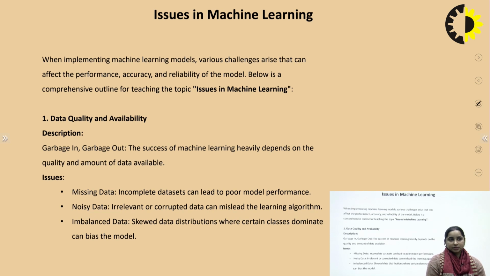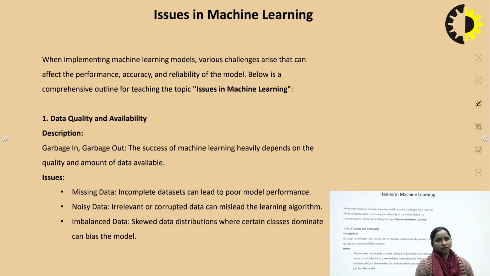If we have missing data, incomplete data, latency in the data, noisy data, imbalanced data, or skewed data distribution. Such are the problems of either data quality or the unavailability of data, or the data is not in the format which we require. So garbage in, garbage out.